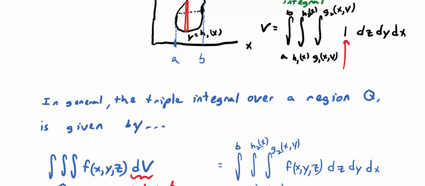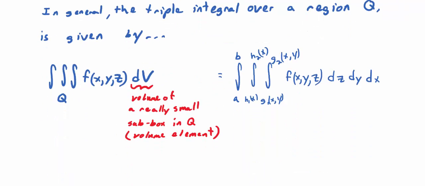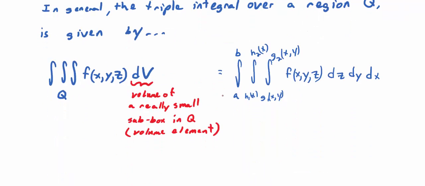Of course, if you change the dy dx to dx dy, then the middle limits of integration will be x in terms of y, functions of y. And the outer limits will be the constants that y ranges from when you project the region into the xy plane. So this is just one of 6 possible setups.